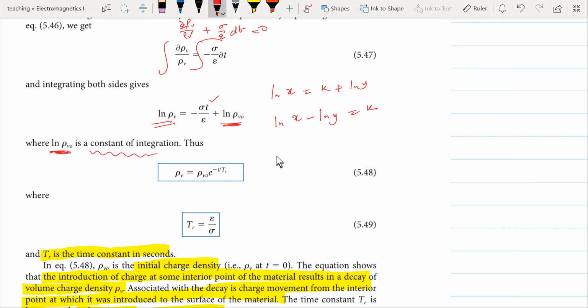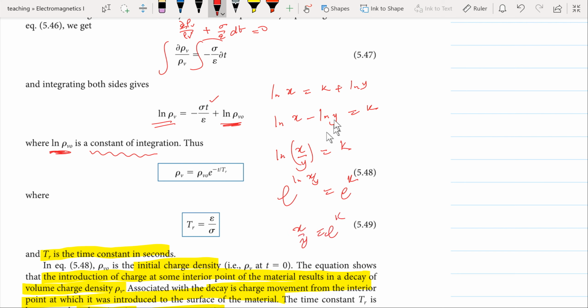This is equivalent to saying ln of x over y is equal to a constant. Therefore, when you raise e to this, ln of x over y, it is equal to e to the k. Therefore, the ln cancels out, and you are left with x over y equal to e to the k.